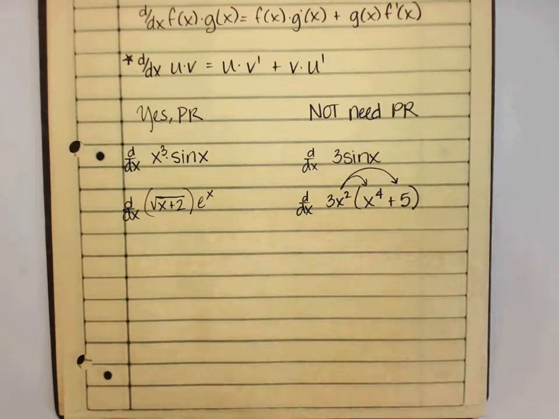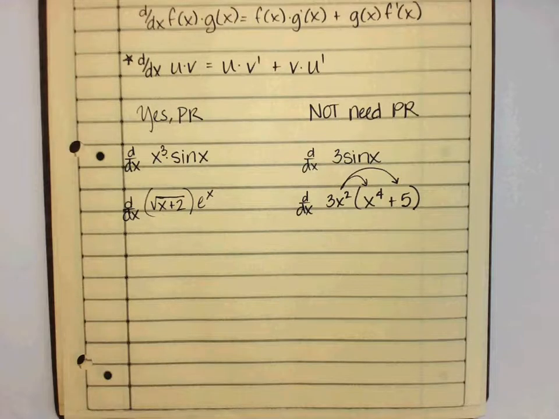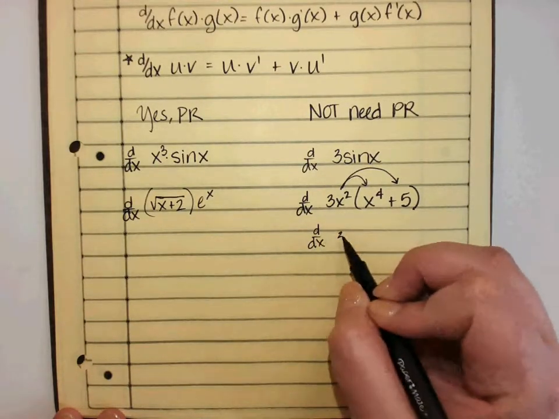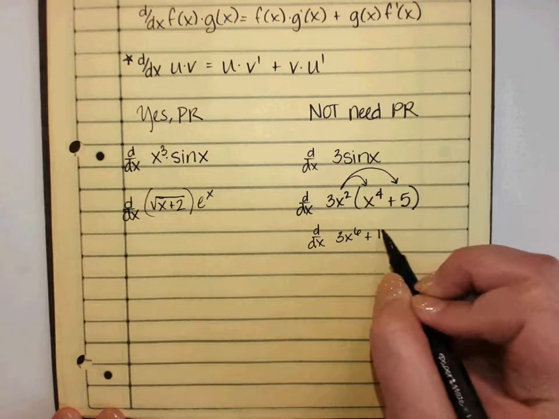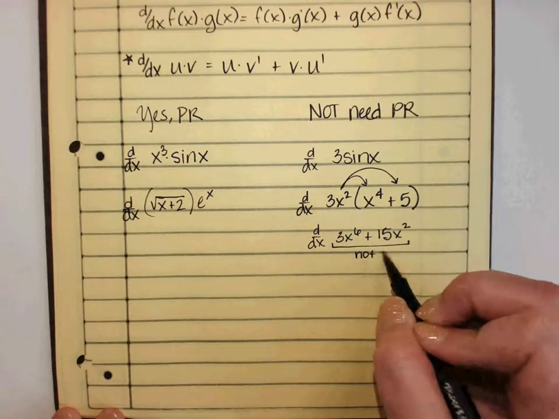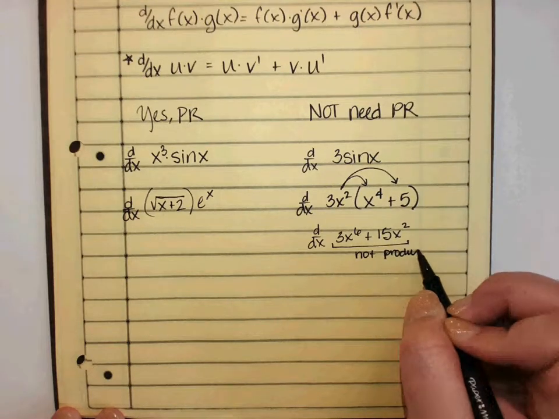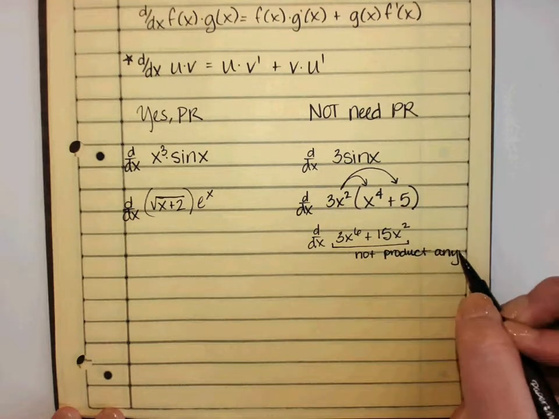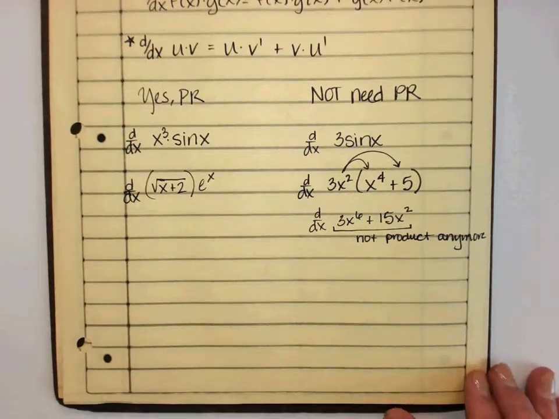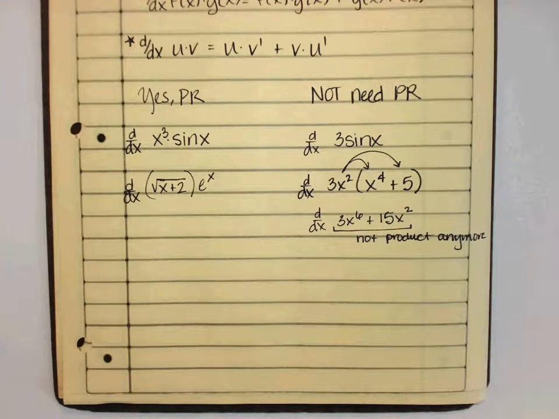Just times it in. 3x squared times x to the fourth is the derivative of 3x to the sixth, 15x to the fifth. Now it's not a product anymore. So if you can easily fix the product to not be a product anymore, then just do that. Okay?